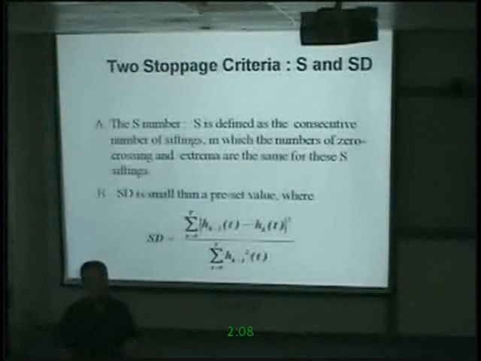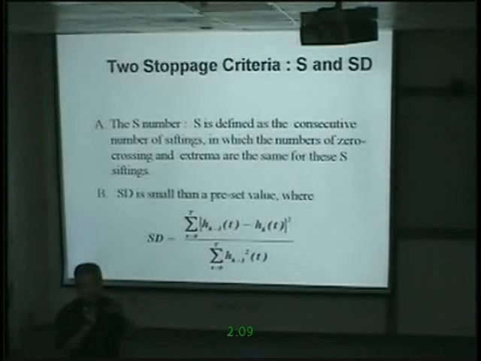So every time after I've done this upper and lower envelope, I count extrema. How many extrema do I get, how many zero crossings do I get, I compare the two. If the difference is within one, I count it as, oh, at least I have that. So this is a count of the zero crossings and the extrema.